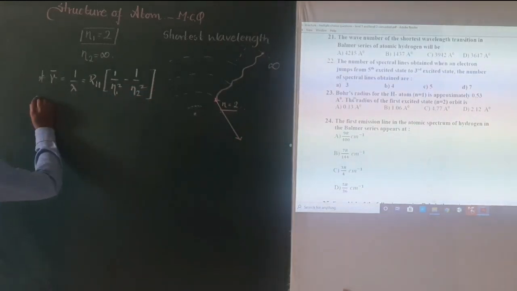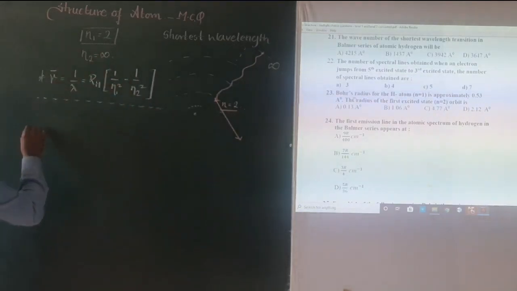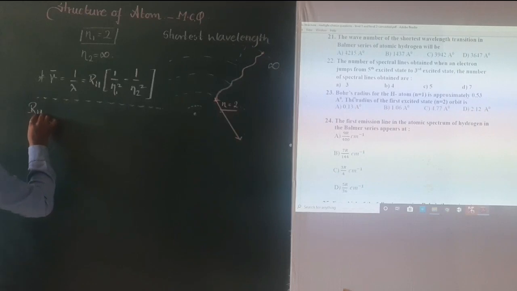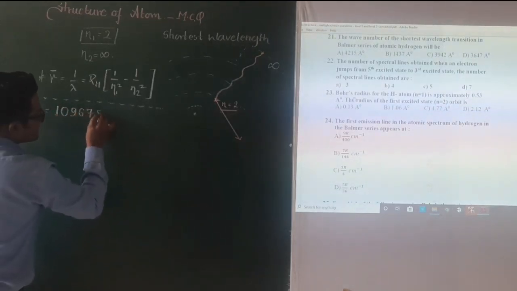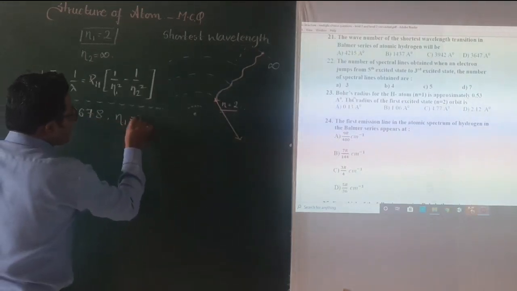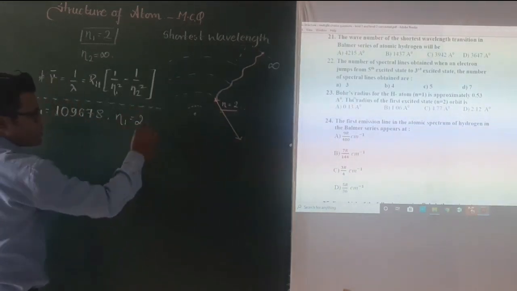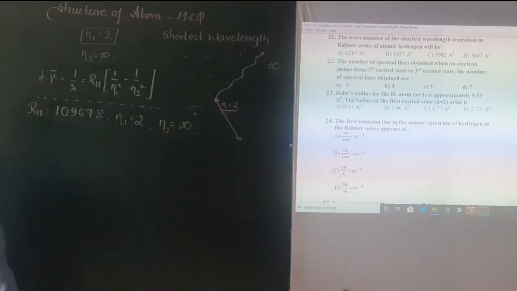So when we use this formula, RH value we already know, 109678 per centimeter. N1, as it is a Balmer series, is 2, and N2 is coming from an infinite shell, so infinity.